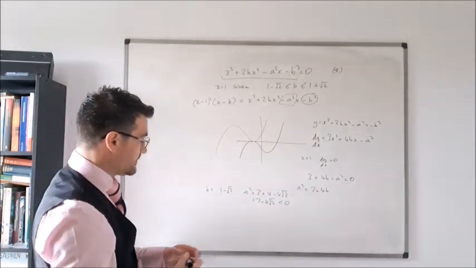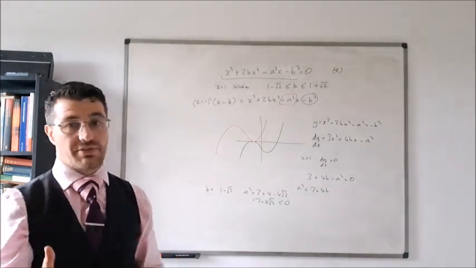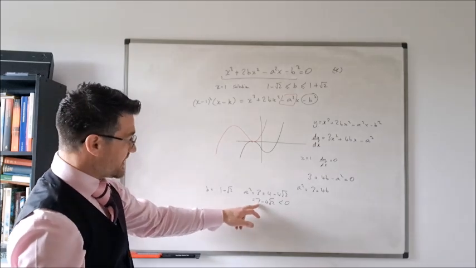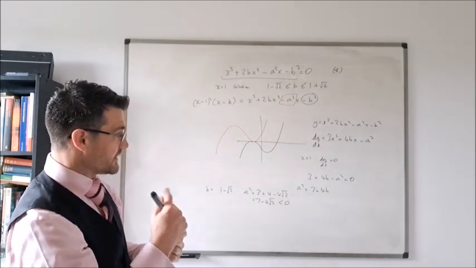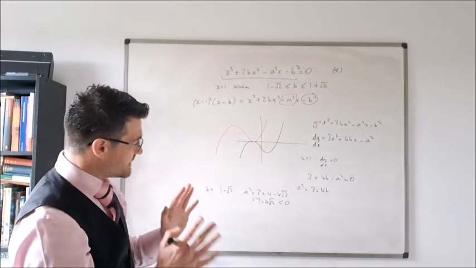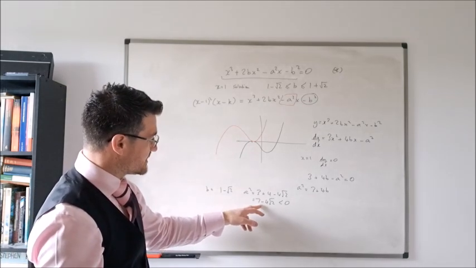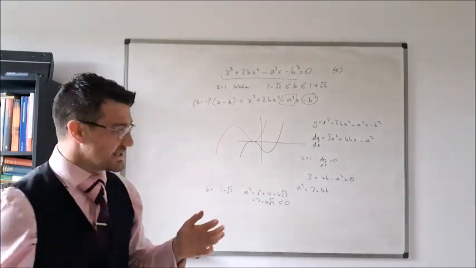Square root of 2 can easily be shown to be, for example, less than 3 halves, or 1.5. So that means that 7 minus 4 root 2, well, actually no, that wouldn't necessarily work.